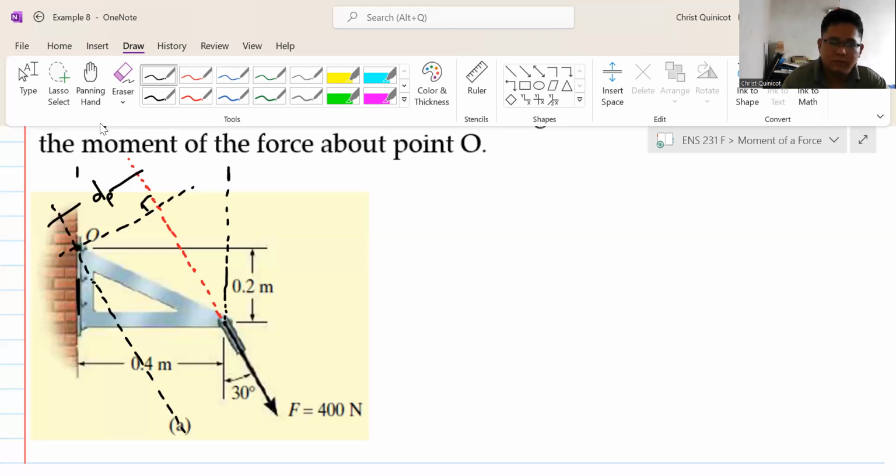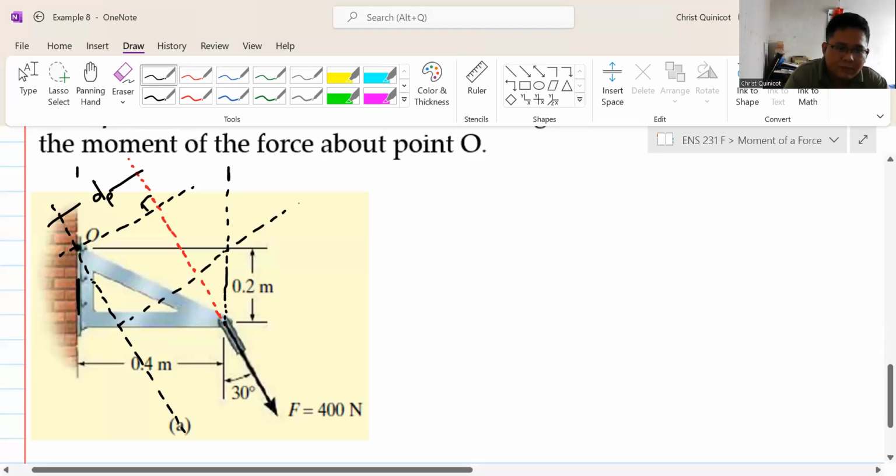So what we're going to do is create another line bisecting the line of action of F and bisecting this black line that is parallel to the line of action, in red. Where does it pass through? This point. If you observe, we know this entire distance, let us use the color blue.